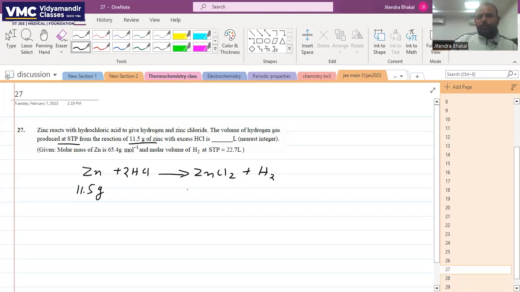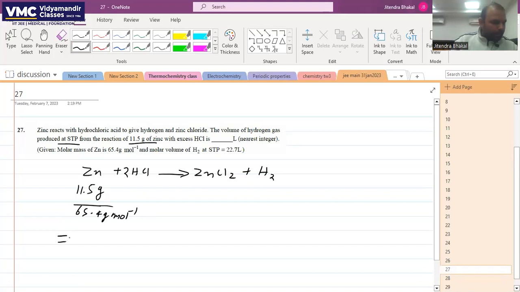Now this is a simple question of mole analysis. The mass of zinc is given, so we can find the moles of zinc by dividing it by the molar mass, that is 65.4 grams per mole.